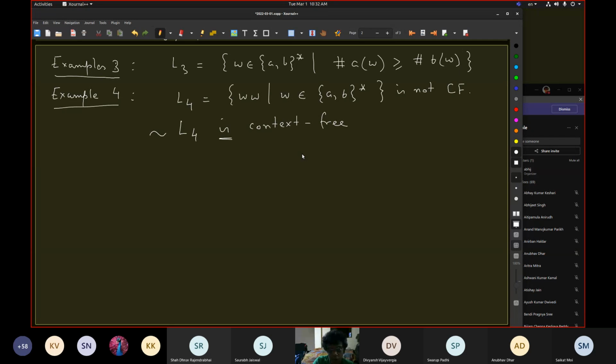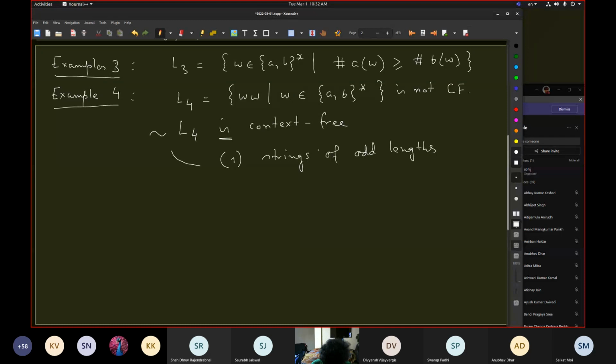So the complement of L4 is context-free because this complement consists of 2 types of strings. First, strings over A, B of odd lengths. Every string of the form WW has to be of even length. So if it is of odd length, then it's definitely not a member of L4.